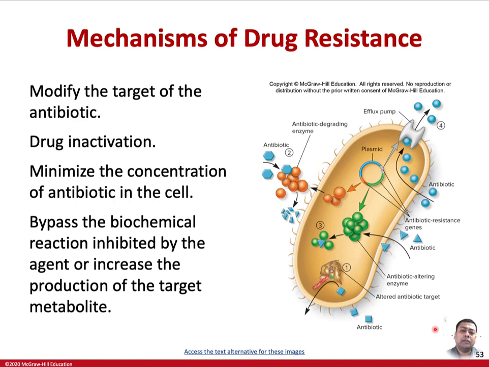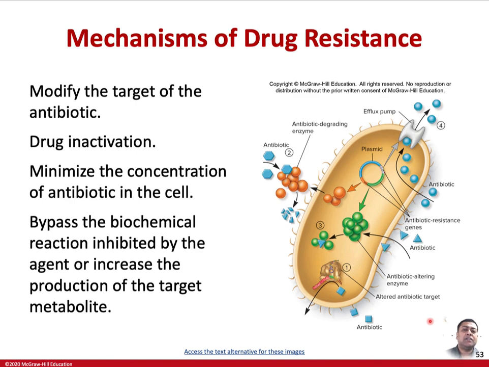So when a drug enters into the periplasmic space by breaching the outer membrane, before that drug can pass through the plasma membrane into the cell, the drug accumulates in the periplasmic space. And from the periplasmic space, these efflux pumps immediately transport that drug back into the environment before the drug can reach inside the cytoplasm of the cell.